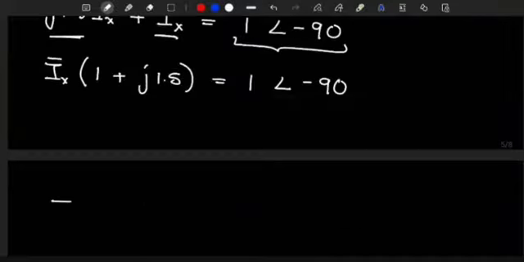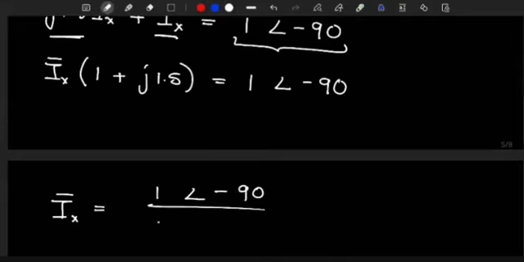So from there, we'll have Ix equals 1 phasor minus 90 over 1 plus j1.5. When you're dividing, it's usually best to express everything in polar. They simplify easily.